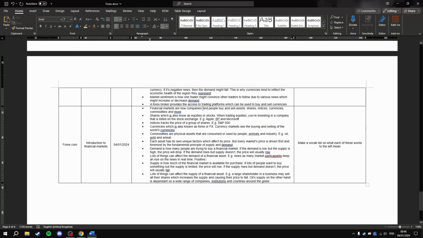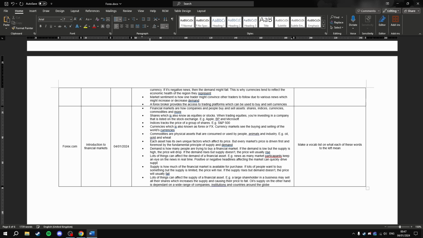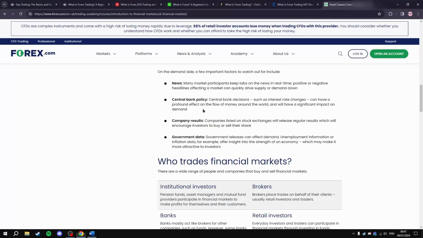Positive or negative headlines affecting the market can quickly drive supply or demand up and down.